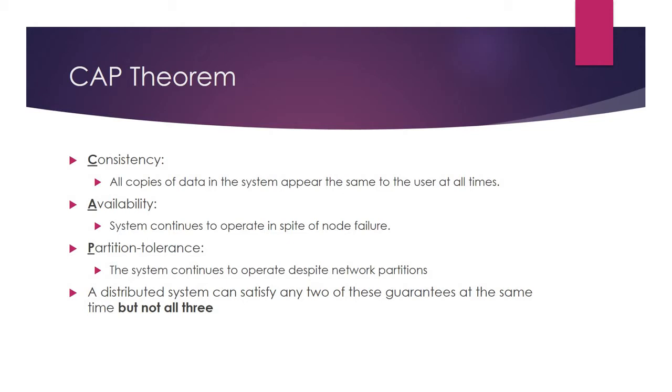NoSQL is a term often used to describe a class of non-relational databases that scale horizontally to very large data sets, but they do not in general make any ACID guarantees. When we say ACID guarantees, it's atomicity, consistency, isolation, and durability. These are properties that relational database models exhibit, and NoSQL doesn't care about them.